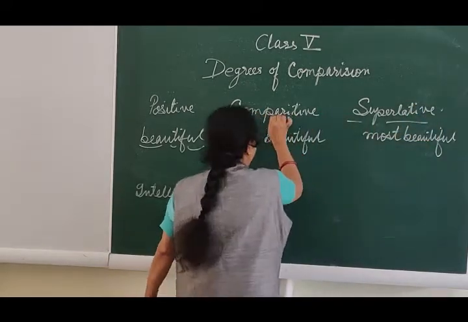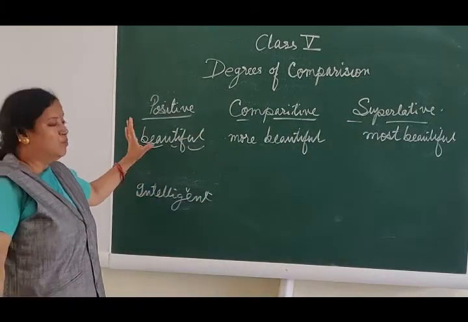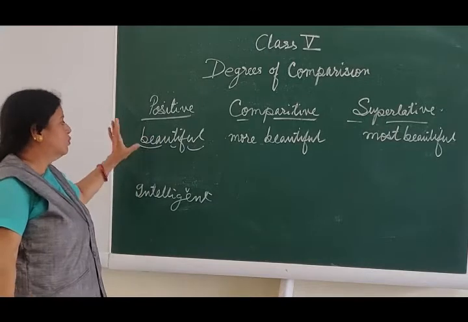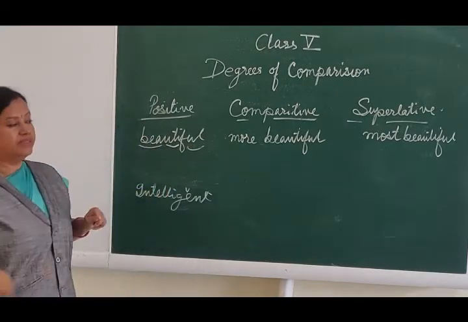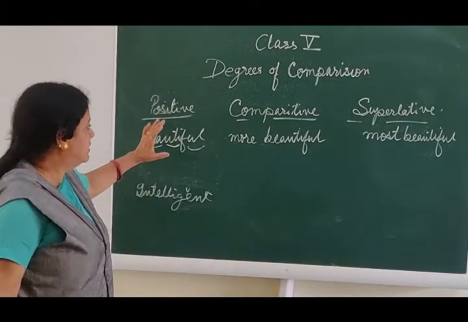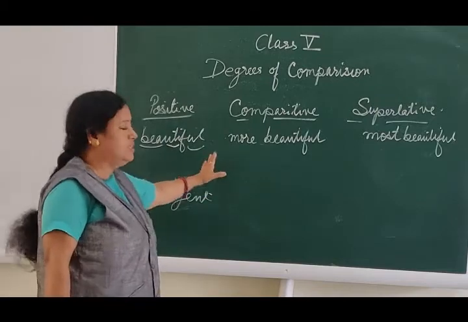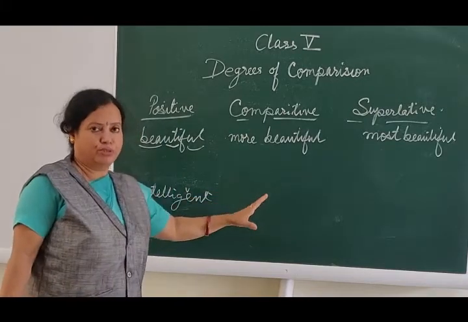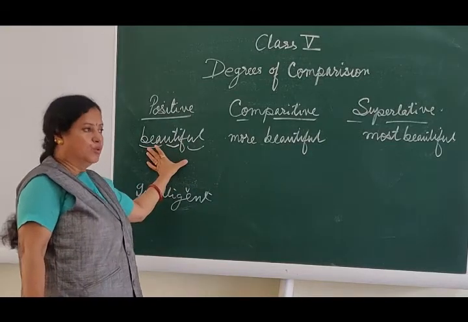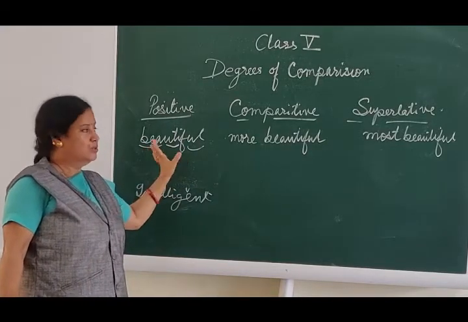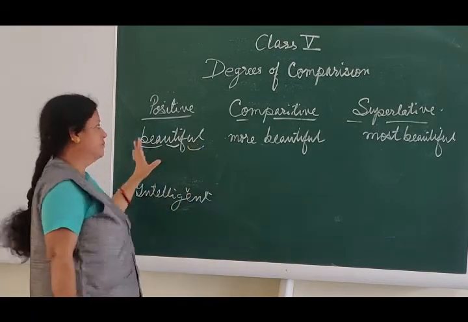When we compare words that have more than 1 syllable, we cannot put ER and EST to them. That's why we use more and most. Understood? If the word has more than 2 syllables, then we use more and most to compare.